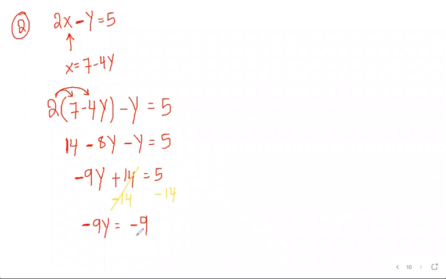Divide both sides by minus 9. So I get y equal 1. So the value for y is equal to 1.